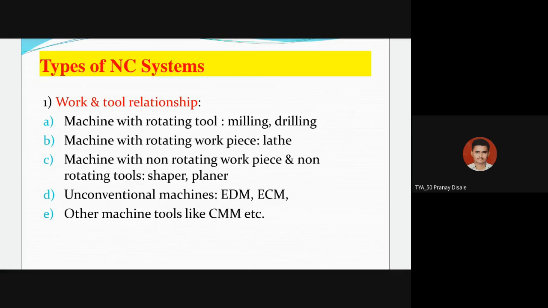CMM also works on that basis. The workpiece is stationary, and according to the requirement and our program, that robot or tool will go there. The coordinate measuring machine is about wherever that tool will go.